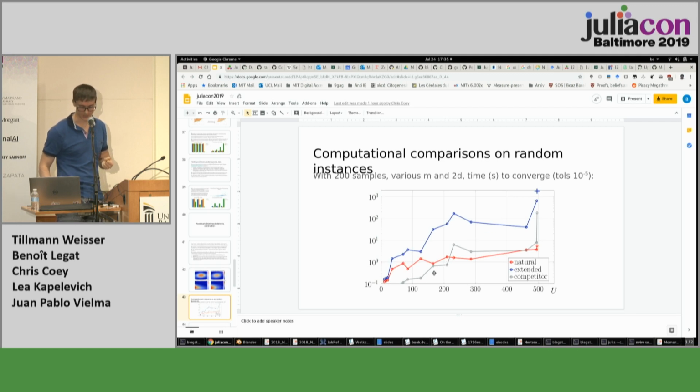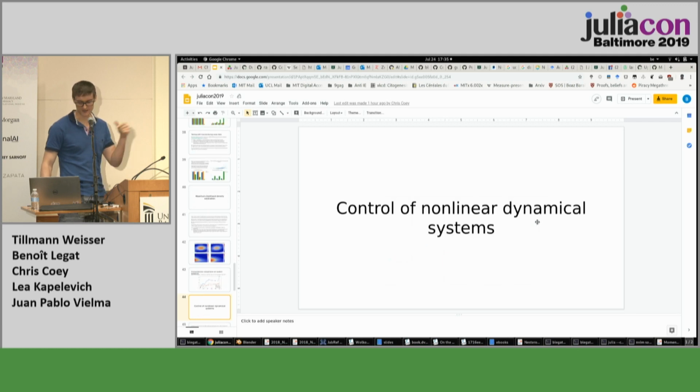As we can see, for really small sizes, below solve time 1 second, the competitor is winning, but above problems that take 1 second to solve, we're winning, and right at the end there we jump up to much better, and we should have kept going, but we just haven't had time. So reasonably favorable.